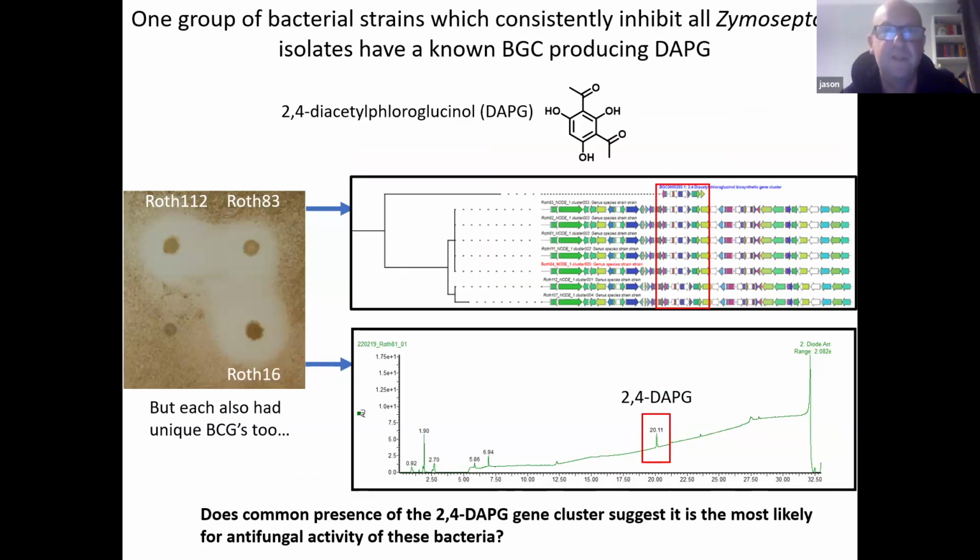We were able to identify that particular cluster reproducibly in strains that inhibited all Zymoseptoria isolates. We were able to find it in the genome, and we were also able to identify the peak in the LCMS for 2,4-DAPG in the zone of inhibition. But we still had to test as a proof of concept that it was DAPG in those bacteria that was responsible for the antifungal activity.